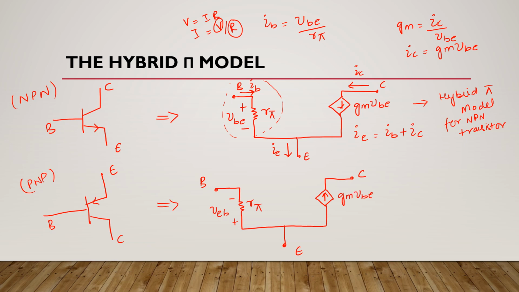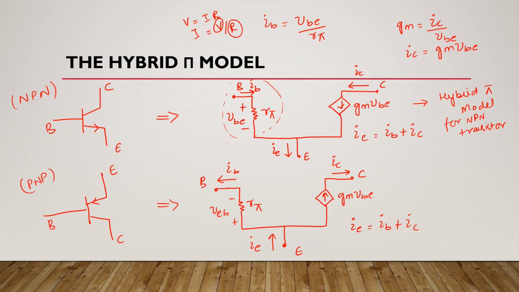GMVBE. Now here the direction of base current will be like this, and this is the direction of collector current here, and this is the direction of emitter current here. Okay. Now in this case this emitter current is equal to IB plus IC, because as you can see here this IE is entering current and this IB and this IC, they are leaving currents here.